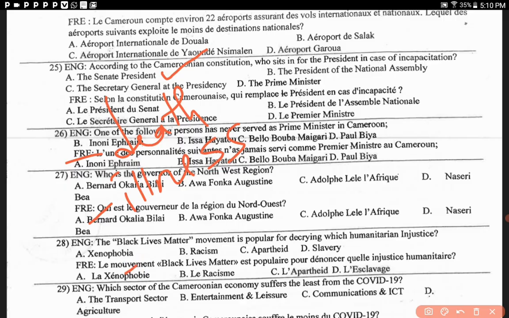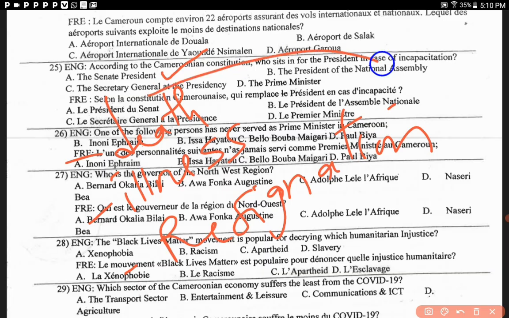Then resignation, where he resigns. These are the things that can cause the president to be incapacitated. And then the president of the Senate will become the interim president.